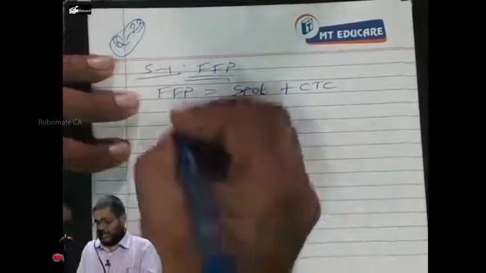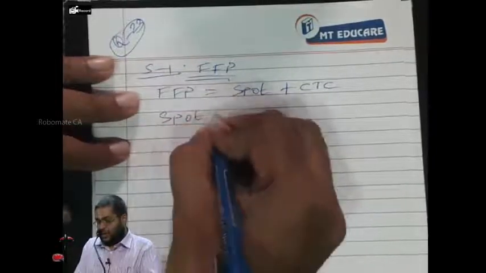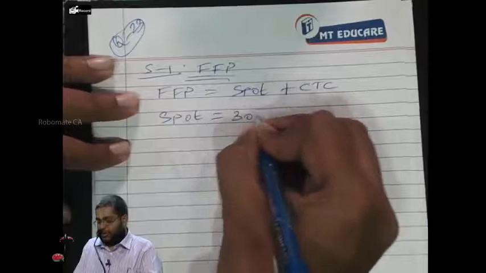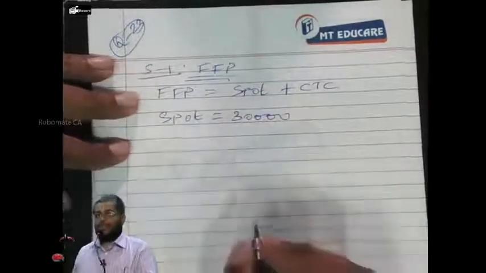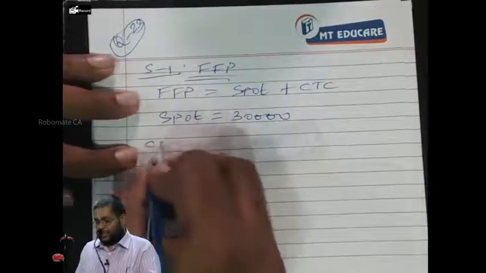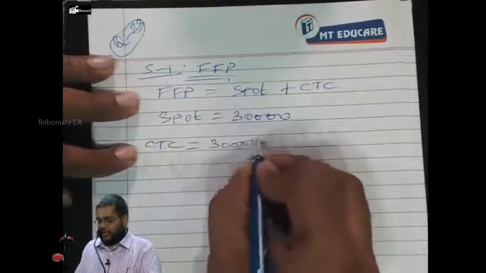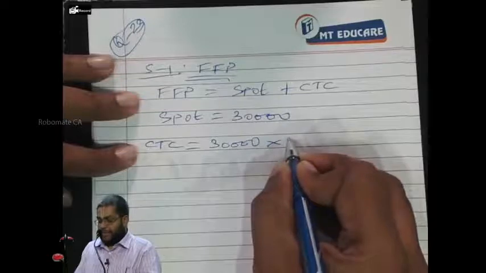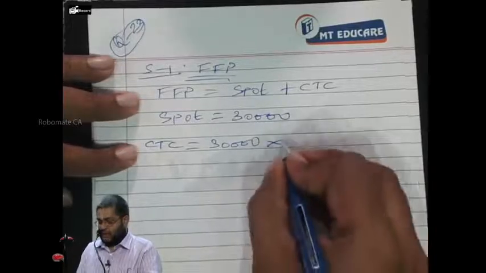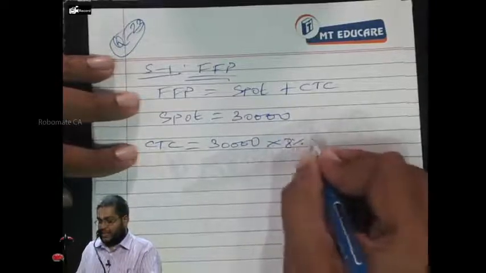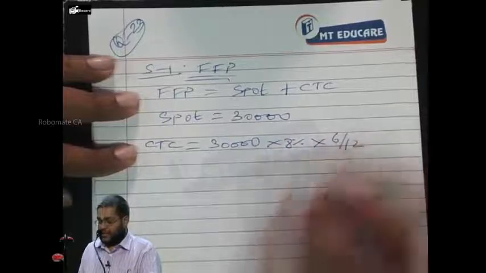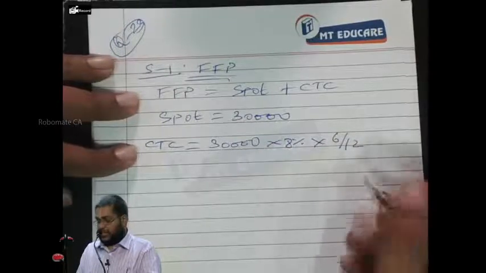Now, next, spot price. What is the spot price of gold? 30,000. Spot price is 30,000. Cost to carry: I carry the 30,000 rupees gold at what percent interest? 8% interest. For how many months? 6 months. 30,000 times 8% times 6 by 12.